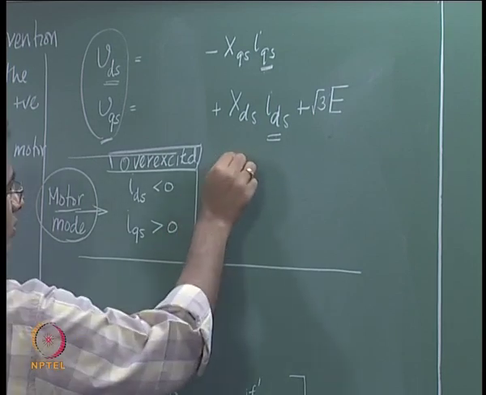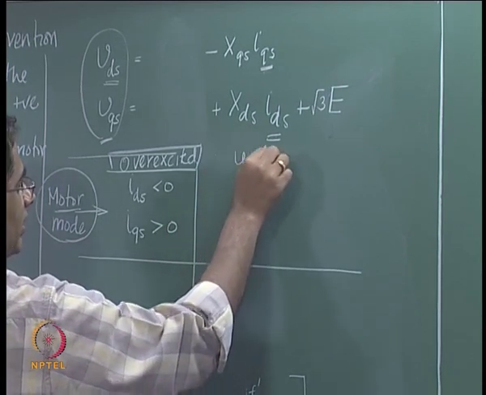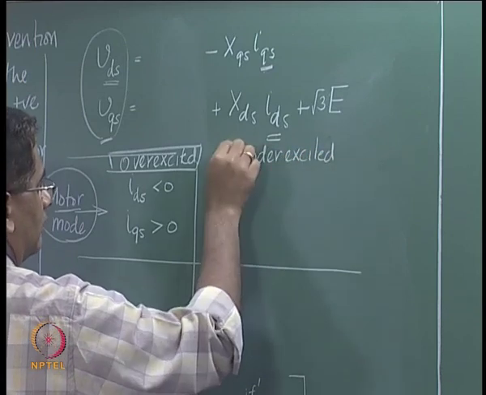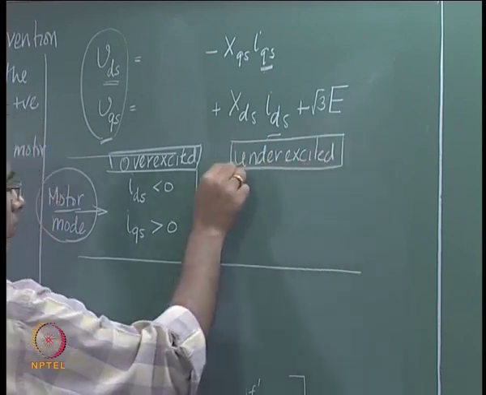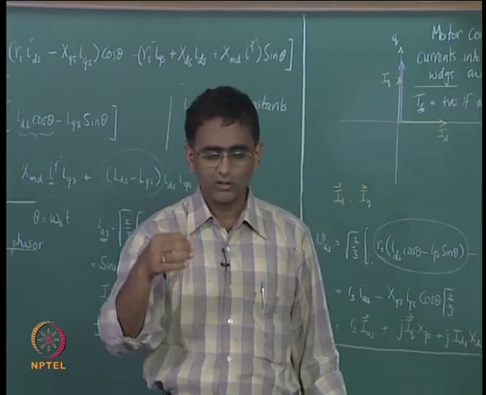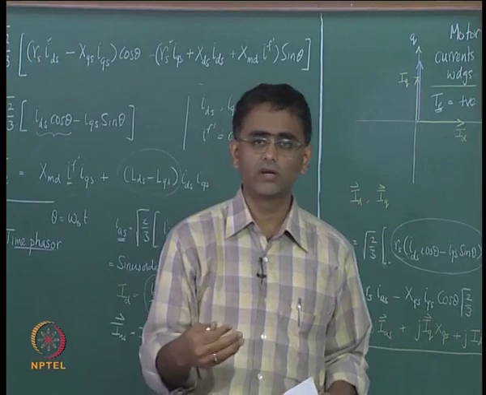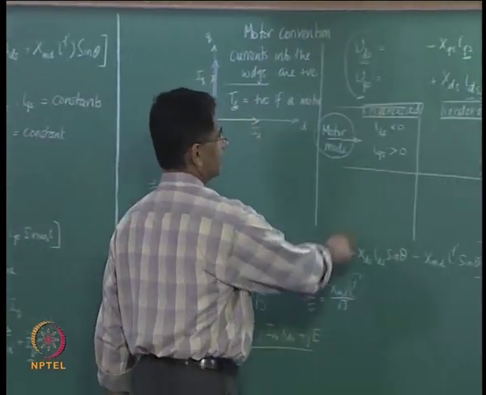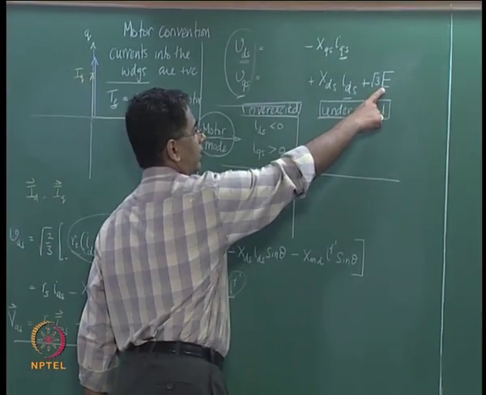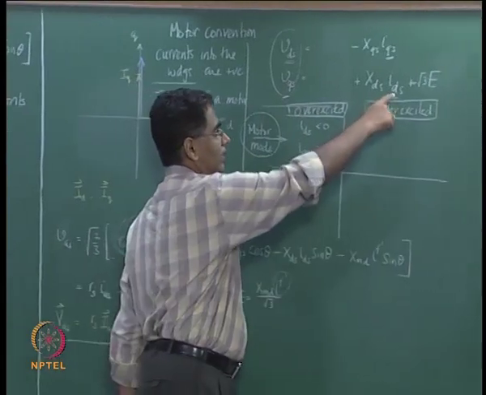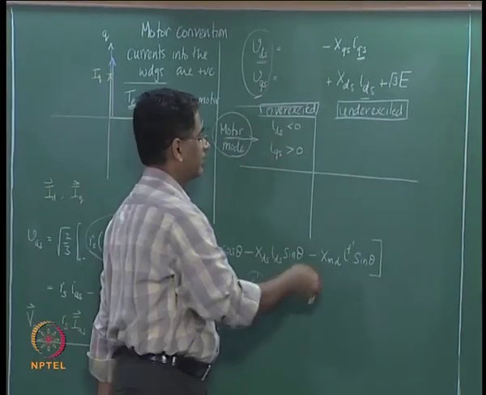Now on the other hand, what one can do is under excite the machine. How can you under excite? After you synchronize the machine to the grid, you would have done it with a certain field current. Now try to reduce the field current. So if you reduce the field current, E goes down, and since VQS has to be maintained at the same level, IDS has to become greater than 0.